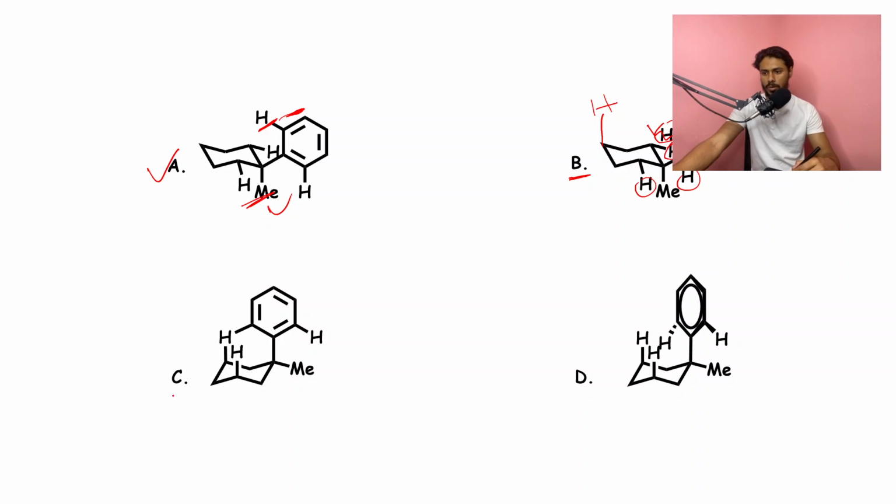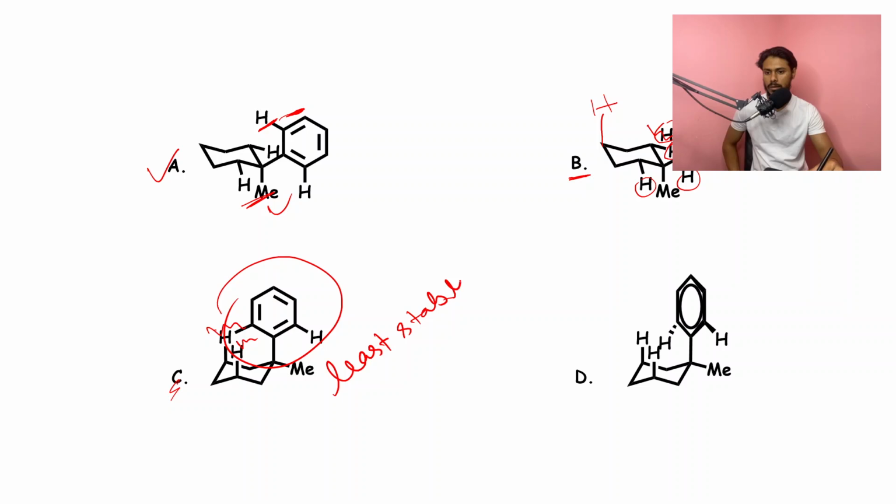For molecule C, there is a severe steric interaction. You can see this is a 1,3 diaxial interaction, so this is actually the least stable. We can right away discard this one because in this conformation the 1,3 diaxial interaction is there.